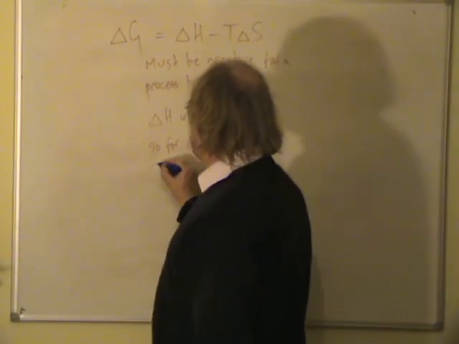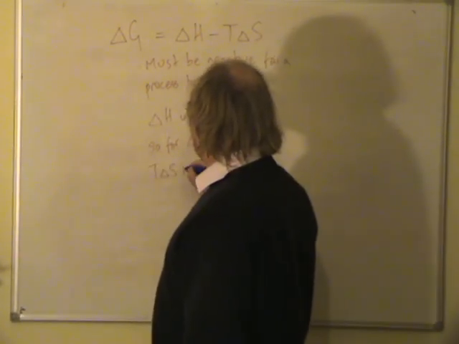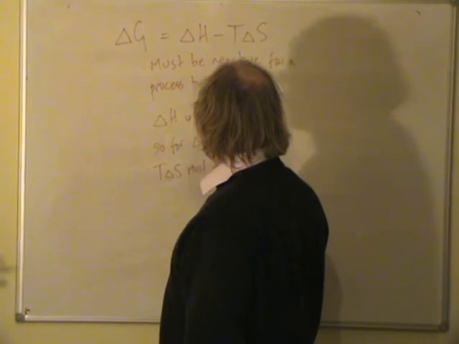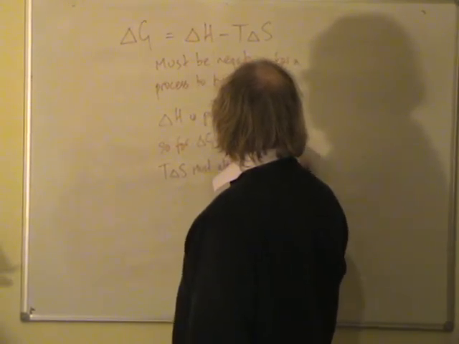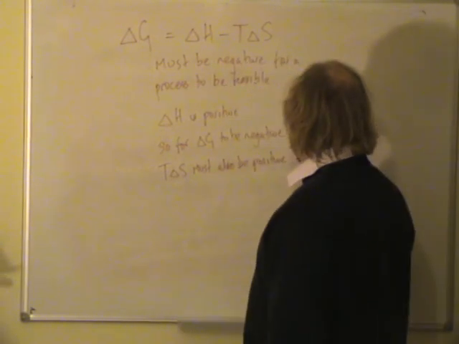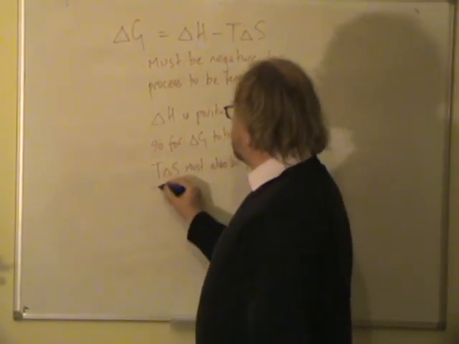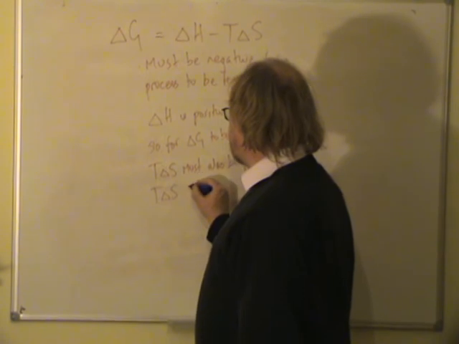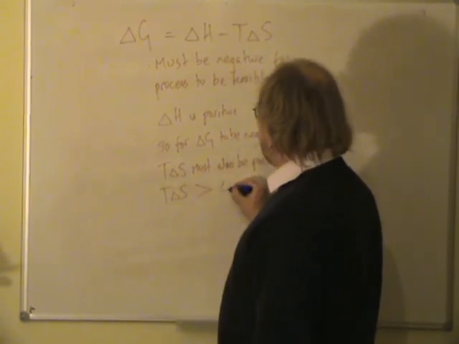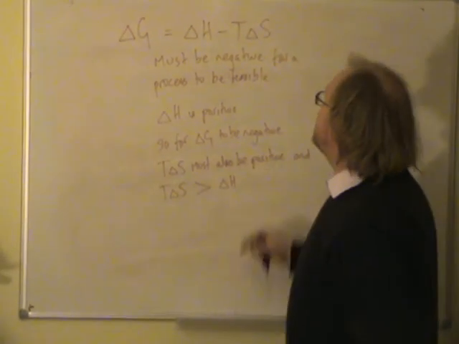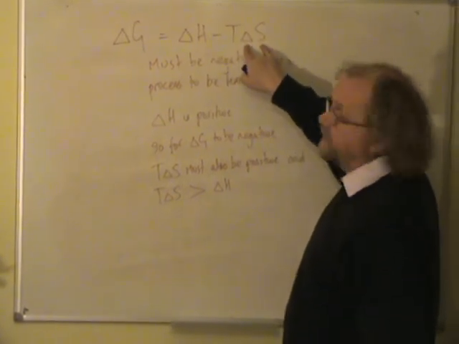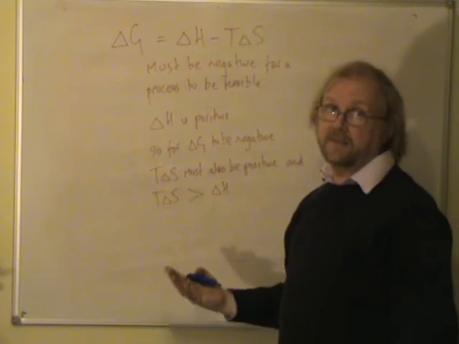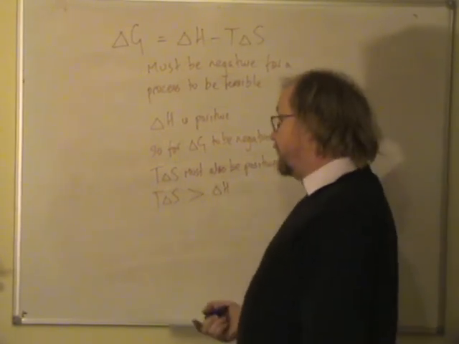Okay, T delta S must also be positive, and specifically T delta S must be greater than delta H. Because if it is, we're taking a small positive number, taking away a bigger positive number, so we end up with a negative answer, which is what we want.